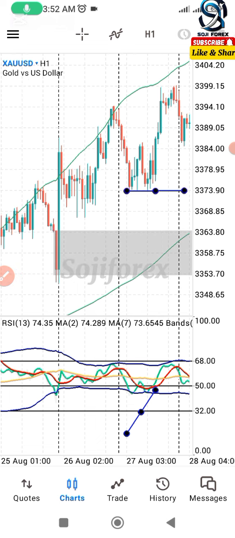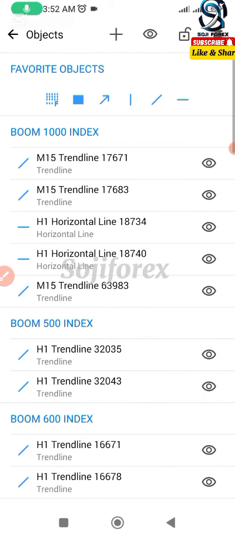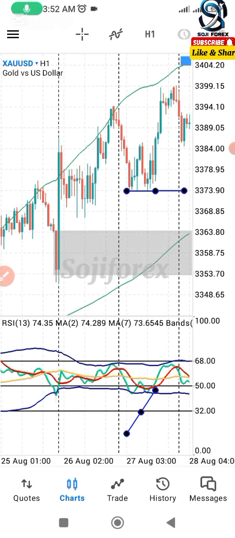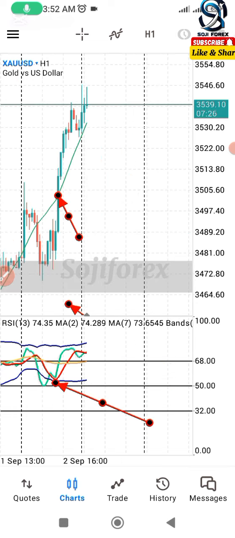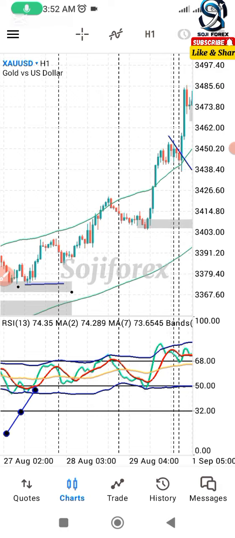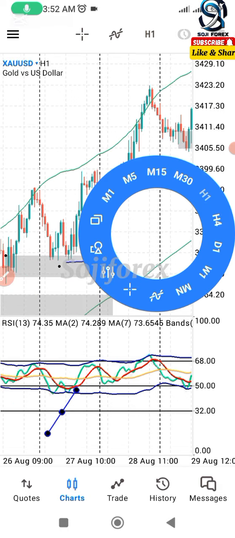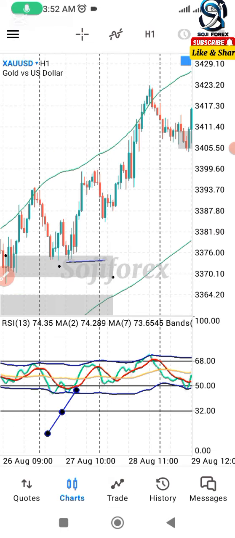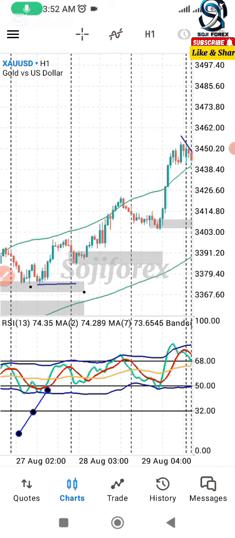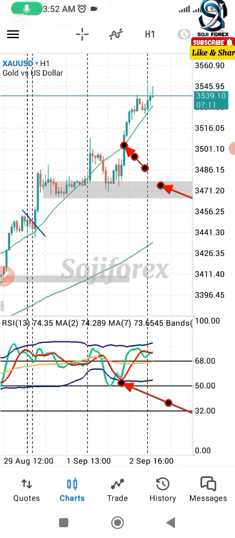And again, we are having another order block here, which is why this particular trade plays out. Here we have another order block, another higher high. So you can go on and on to mark out all of this and see exactly how this plays out.